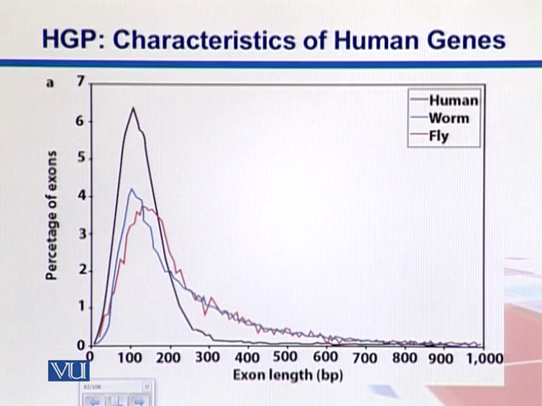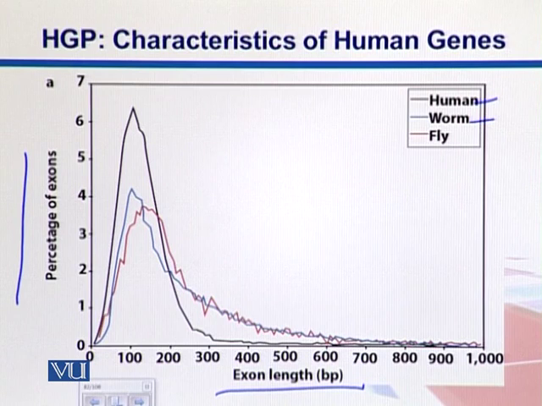Here in this diagram, we have the percentage of exons on the y-axis, and the x-axis is the exon length, and we are comparing 3 species: humans, worms and flies. If we look into the humans, there is a high peak where the size is around 100 base pairs in length.